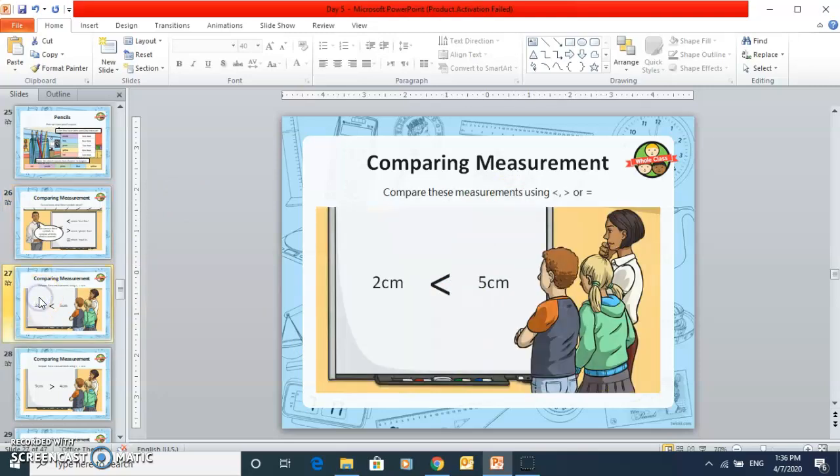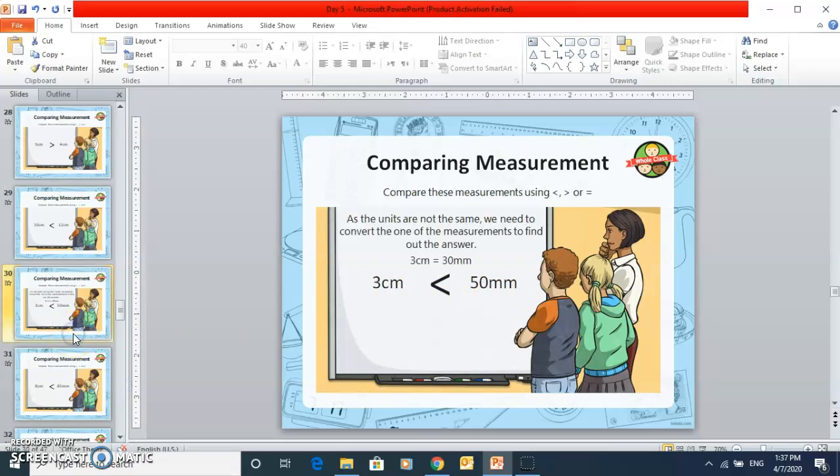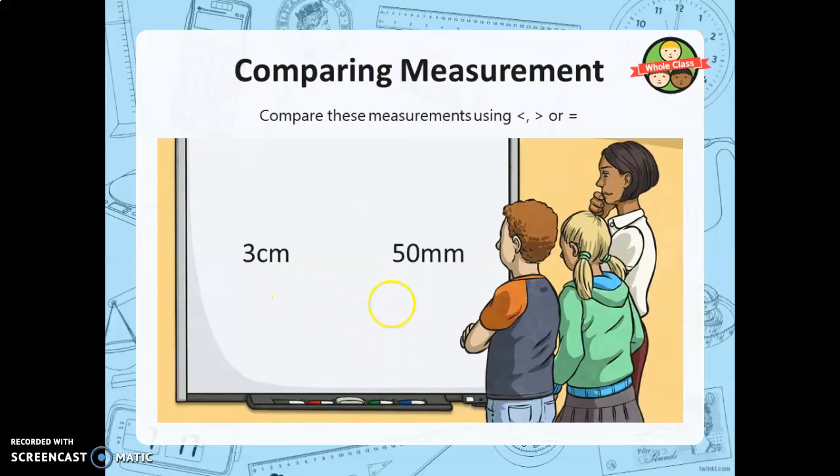I just want to mention something here. If the measurements are in the same unit, you have no problem, centimeters and centimeters. But what if here, for example, you have centimeters comparing centimeters to millimeters? Is that possible? No, it's not. Both measurements must be in the same units so that you can compare them.